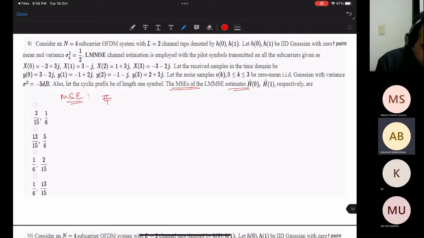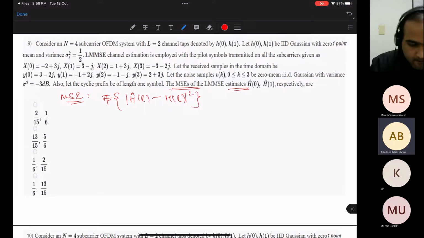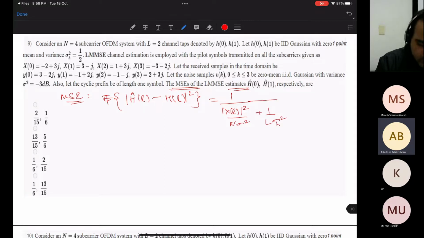It is given by expectation of h hat L minus H L square, and as derived in class, it is mod X L square over n sigma square plus 1 by L sigma F square. So I'll just plug in the values. That is all you need to do.